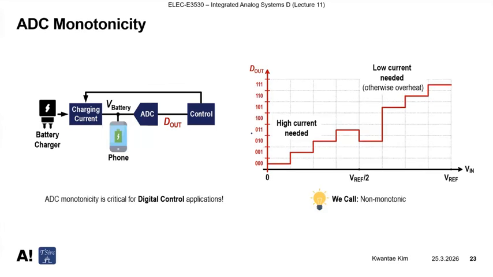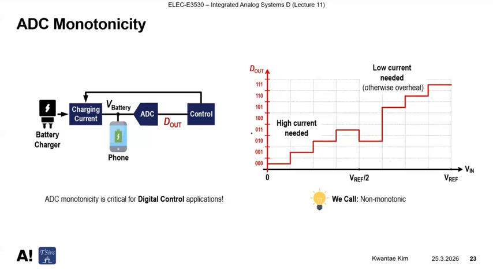But as the battery voltage gets higher, we stop pouring more or higher current, because otherwise it can damage the battery and can also cause overheating, because there is a limited capacity of the battery.